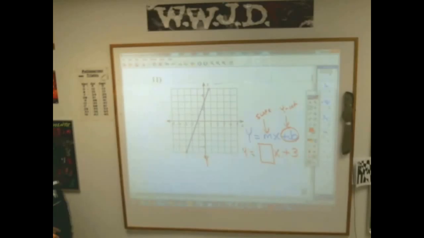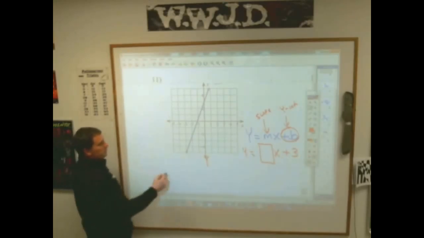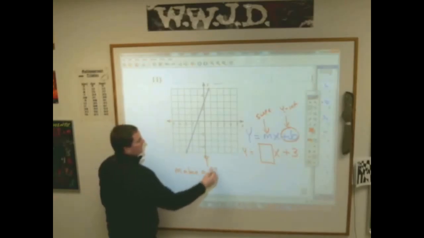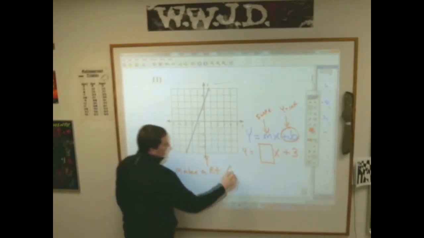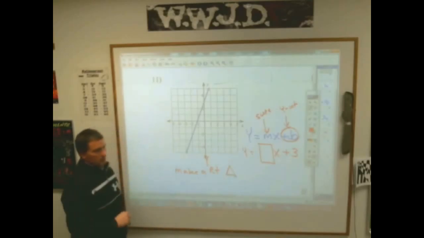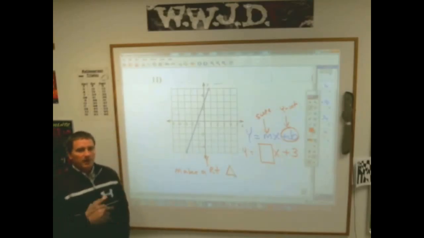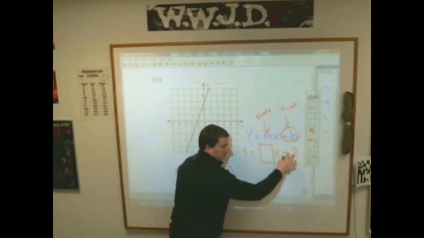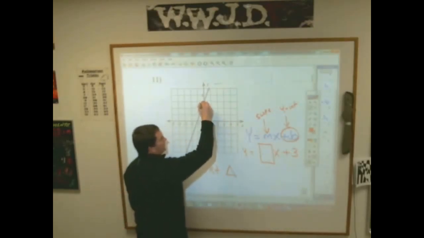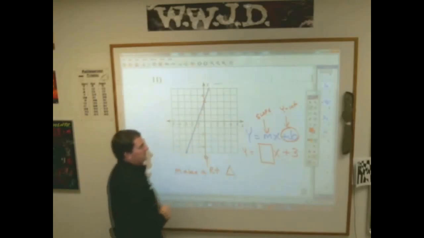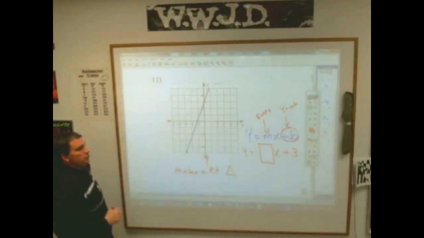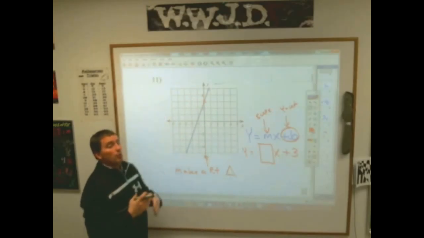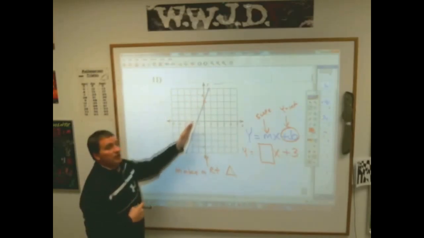In order to find the slope, you need to make a triangle. Make a right triangle. Now understand this. You for sure have one point right here of your triangle. I know this is going to be one of my points I'm going to use because I put it there. I need to traverse down this line and find another coordinate that this line crosses through.